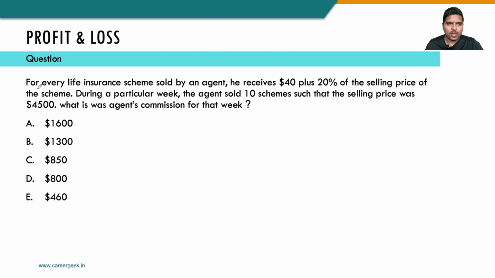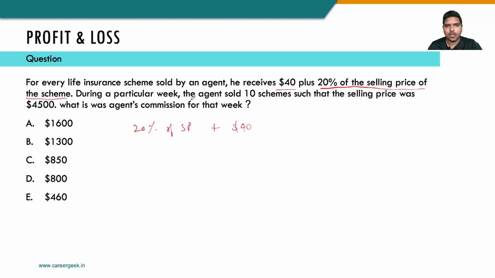Okay. For every life insurance scheme sold by an agent, he receives $40 plus 20% of the selling price of the scheme. Whatever is the selling price of that scheme, he gets 20% and an additional $40. So 20% of SP of that scheme plus $40 for every one scheme.